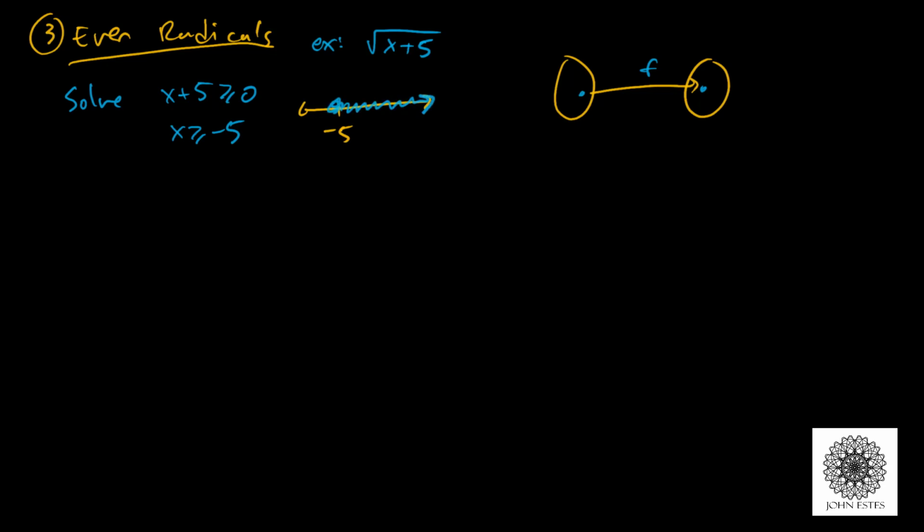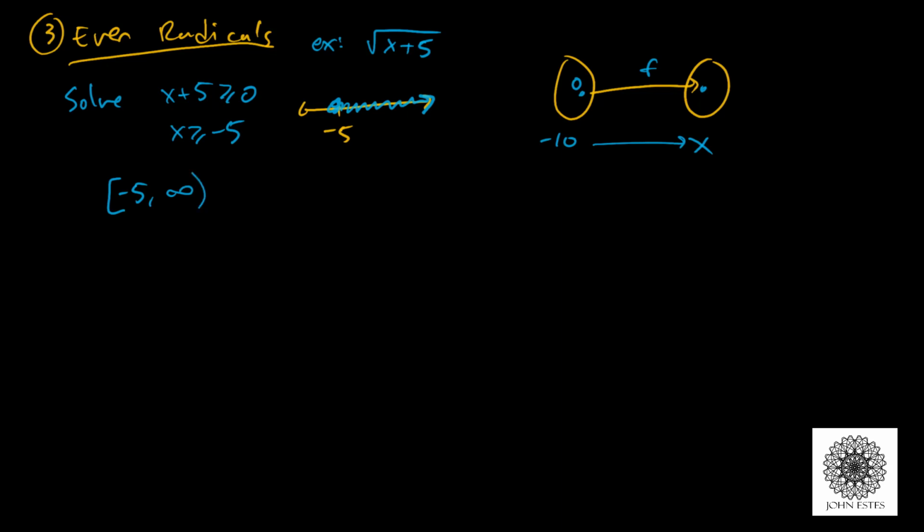But anything less than negative 5, for example negative 6, will be outside my domain. If I plug in 0, I'm going to get a valid output. If I plug in negative 10, then I don't get anything over here. As a set, my domain would be written as negative 5, with negative 5 included, up to infinity.